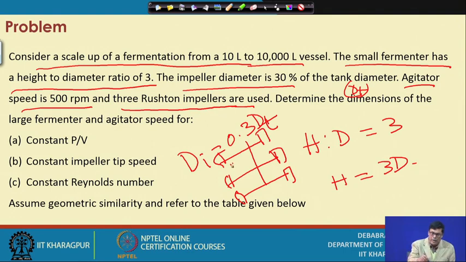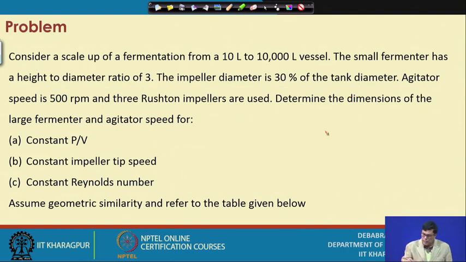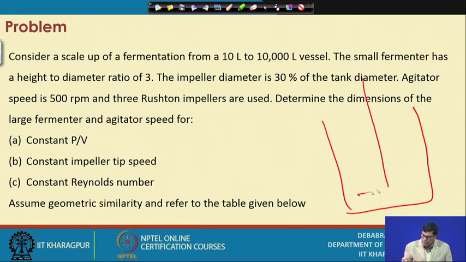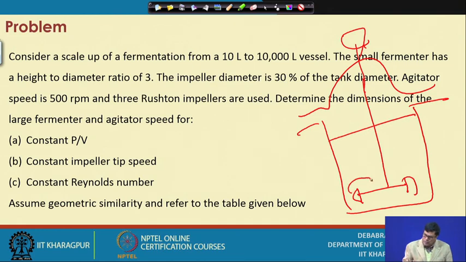You might be knowing why we use multiple impellers. Let me explain again. Suppose you have one impeller like this. The liquid will go like this.